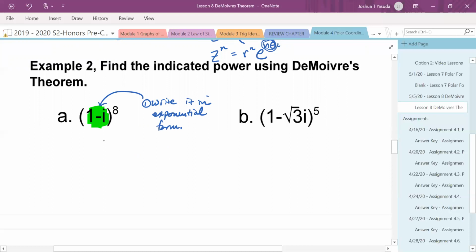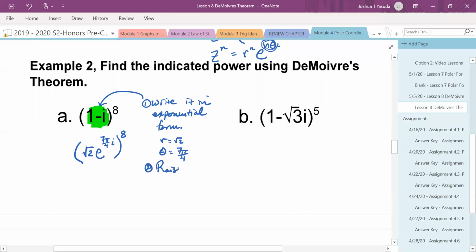That's 2, so the radius is square root of 2, and with 1 and 1 it's 45 degrees. So theta in quadrant 4 is 7 pi over 4. In exponential form, this is going to be square root of 2 e to the 7 pi over 4 I. Great.